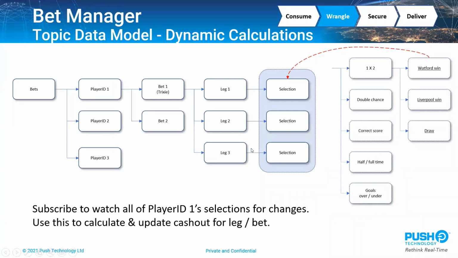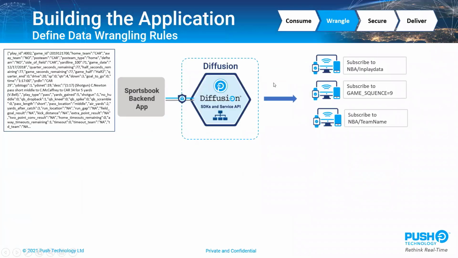Here's another example, where I'm using this internally to track bets and manage my cash outs by player, and how I segment and get to that specific player and separate my data so it's very straightforward to get to player ID 1 and the number of bets, and then dynamically update those cash out values based upon what's going on in real time in that specific event itself, and rapidly get to that data. So let's take a look at how this is plumbed together.